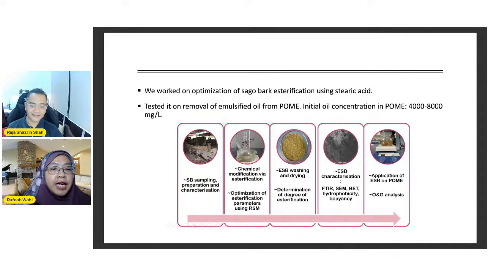Actually, we have tried many natural fibers coming from agricultural waste, as I mentioned just now: palm kernel shell, empty fruit bunch, coconut shell.